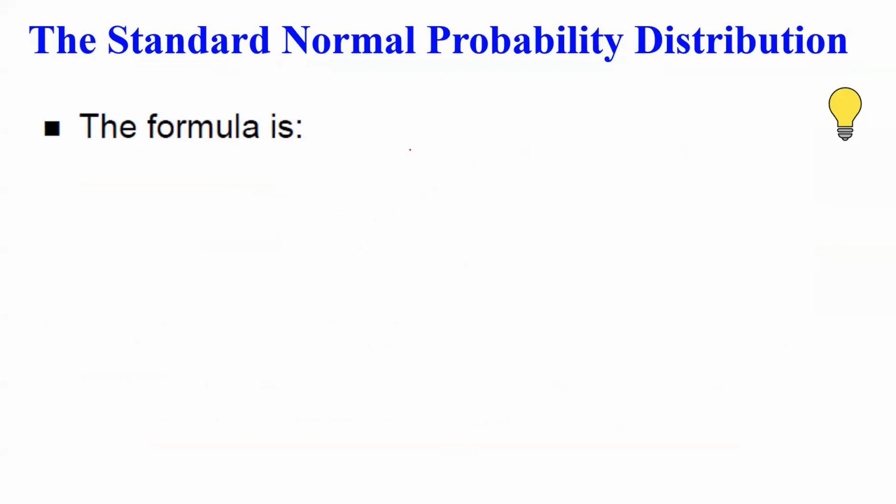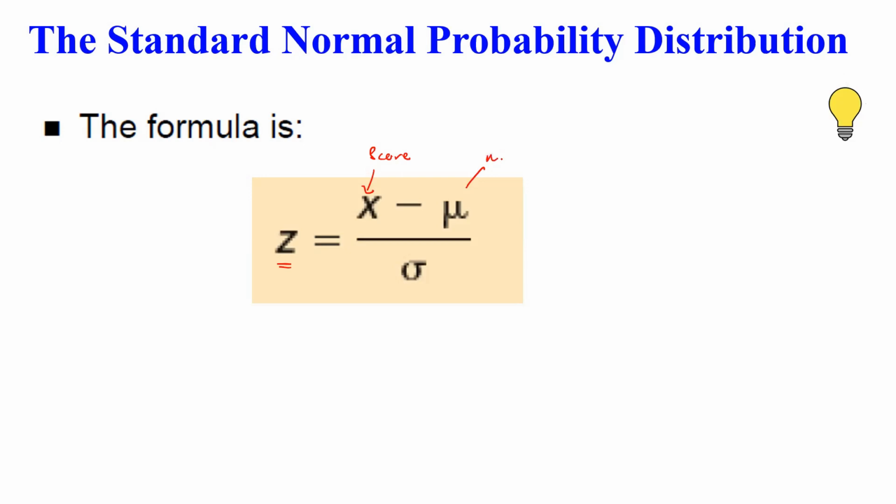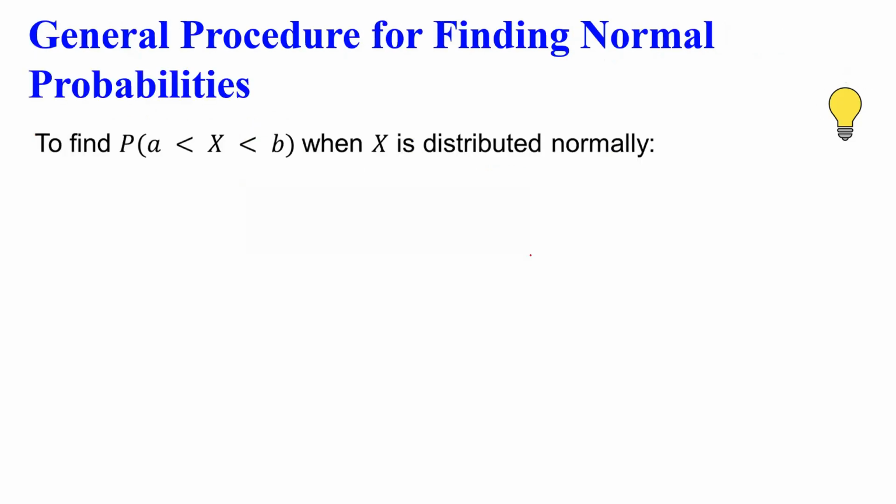The Z distribution is expressed as Z equals X, your score, minus the mean value of the population, divided by the standard deviation. You should remember that.